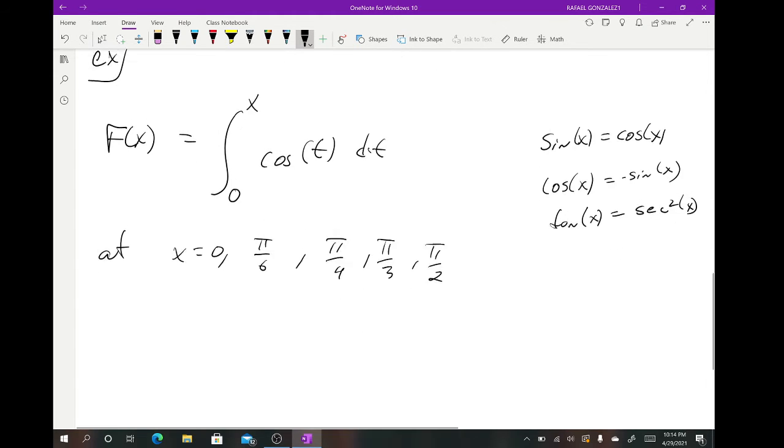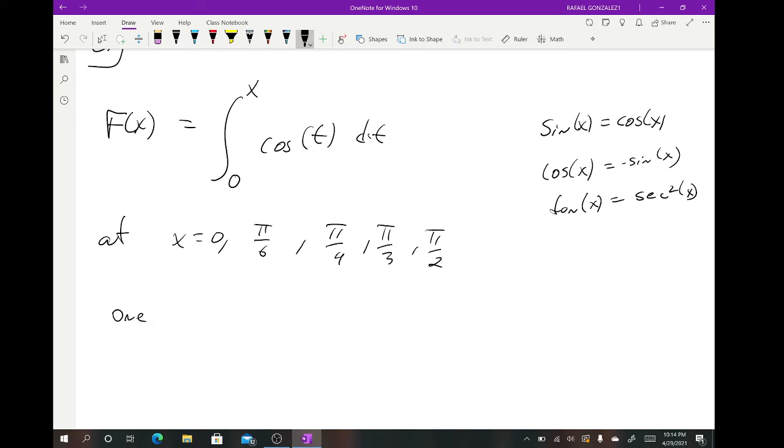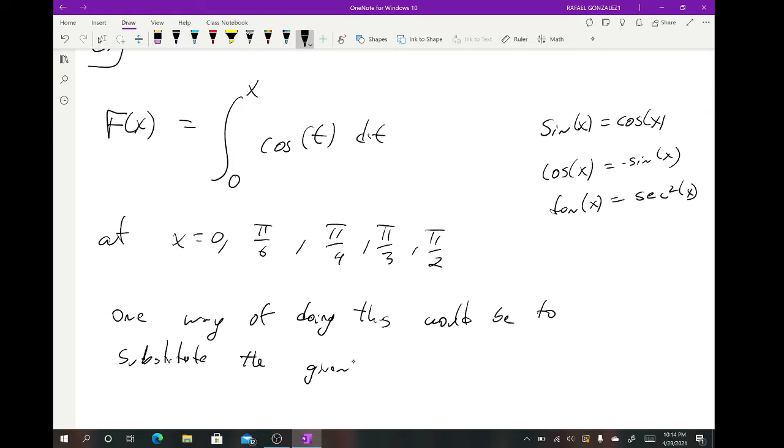Now one way of doing this, which is not the way that I'm going to do it, would be to substitute the given value of x in the upper bound, or the upper limit of integration. So that would be one way of doing this.